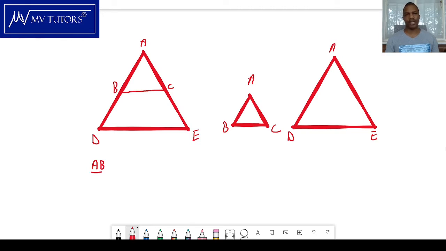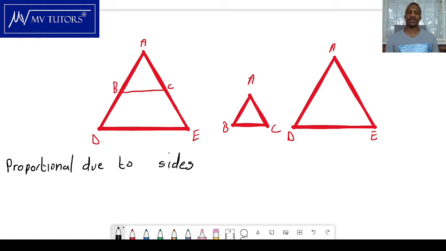So on the big one, you have to choose the exact same side. Now we are looking at it, rather, let me just start here. Let me say two sides proportional. Let me put the word proportional. Proportional, two sides.